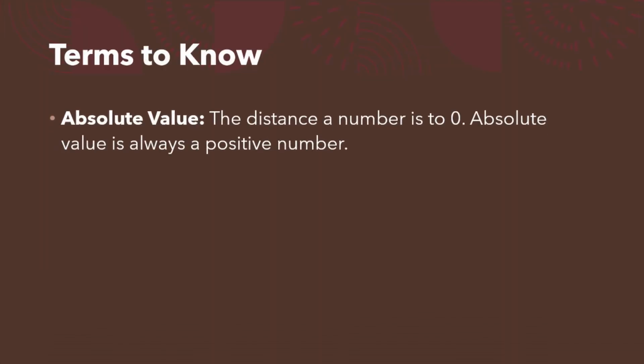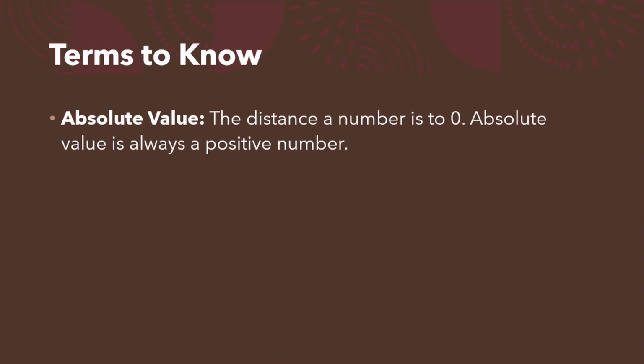Some terms to know. Absolute value is the distance a number is from zero. Absolute value is always a positive number. But what is absolute value exactly? Besides this definition here, how does it apply to what we're going to learn today?